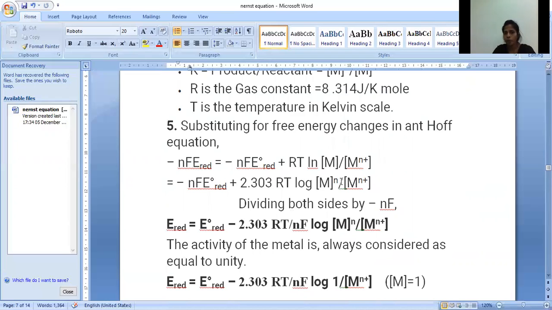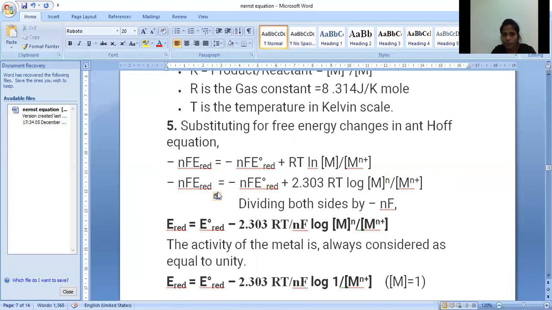Let us divide both sides by minus nF. When we divide both sides by minus nF, the minus nF gets cancelled. So what do we get here? The remaining is E red is equal to E naught red plus 2.303 RT by minus nF log M to the power n divided by M n plus.